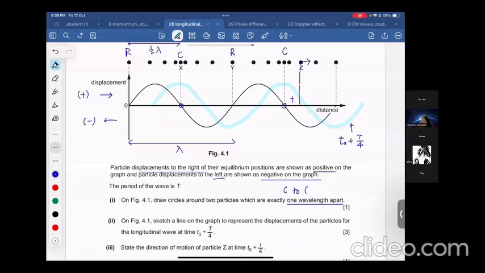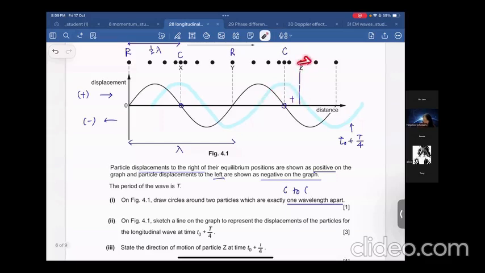State the direction of motion of particle Z at time t0 plus T over 4. So here, we look at the new wave front. The Z position is still at the positive displacement. So how is this particle moving? It moves to the right.